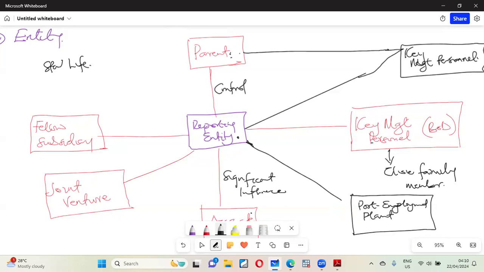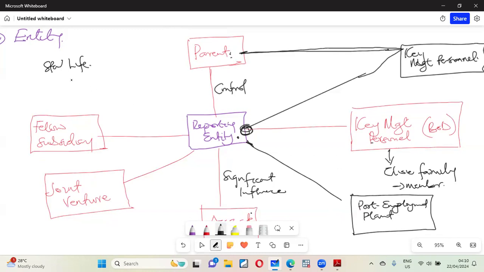Then we spoke of someone who is in the parent company, who is holding a key management position in the reporting entity. So that one also signifies a major related party transaction. In fact, even if a close member of a key management personnel is related, it is also a related party transaction. So bear in mind.